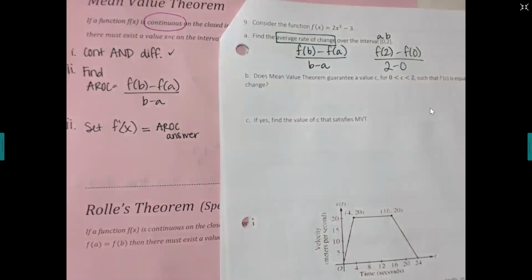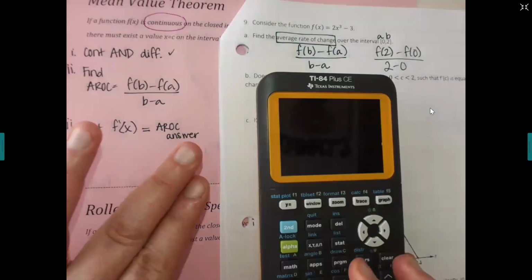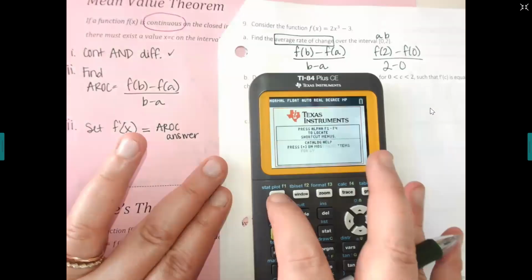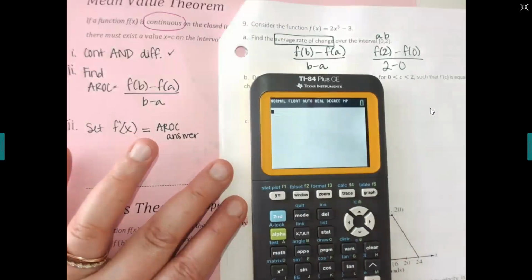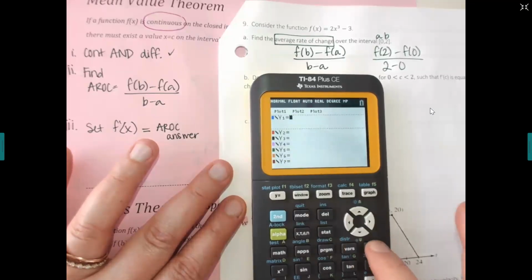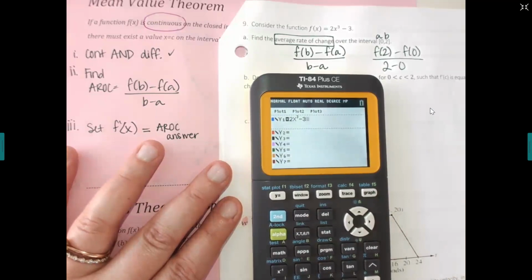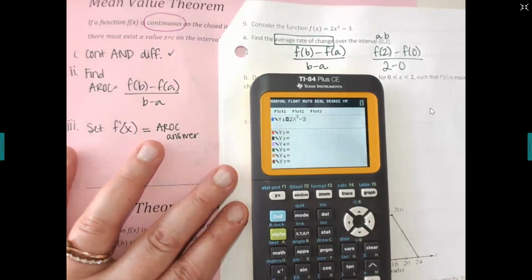Then the reason I had you get out calculators is because this one's not really that hard, but on your homework, some of them are long and I don't want to plug in a bunch of numbers. So in the calculator, just go into y equals, and we're going to type in 2x cubed minus 3. Then I'm going to go into my table and just pull the y values out to be a little bit lazy.